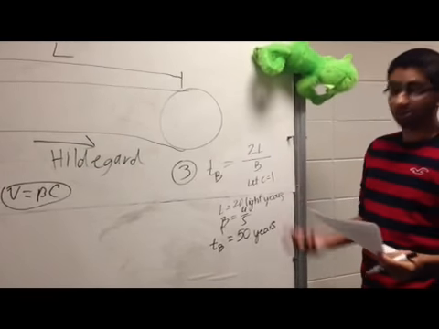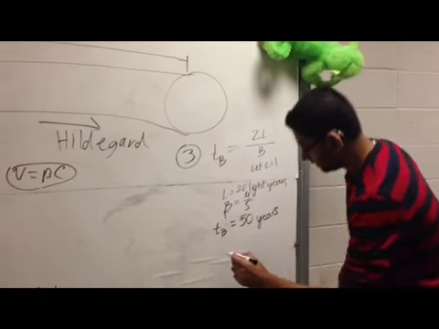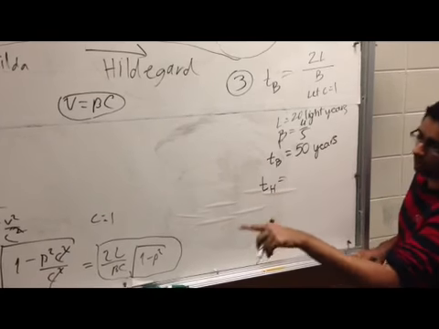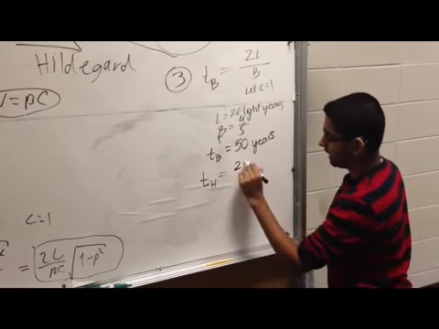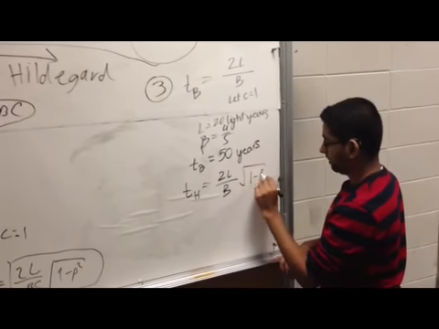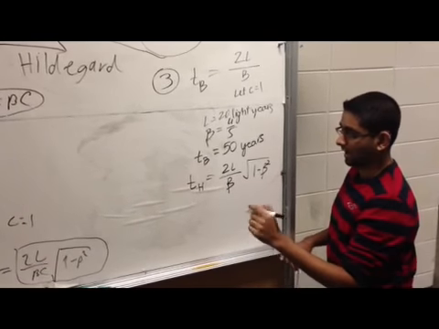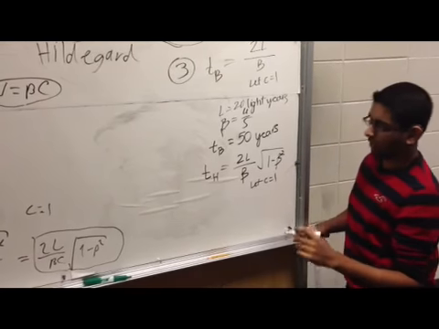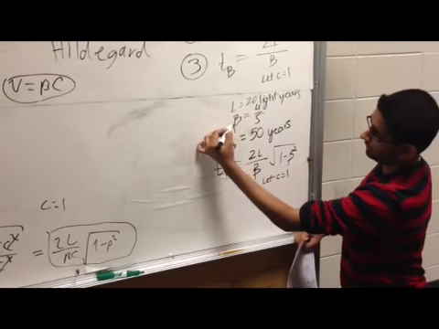Then we also need to find the time that Hildegard experiences while she's on her trip. From question number 2, we found that the time Hildegard experiences is 2L over beta times the square root of 1 minus beta squared. This is beta, not B. So now we already have the value of L, and we already have beta.